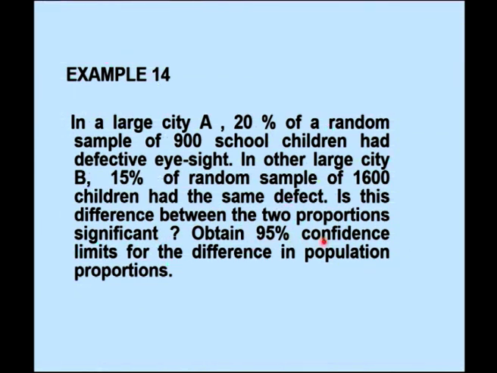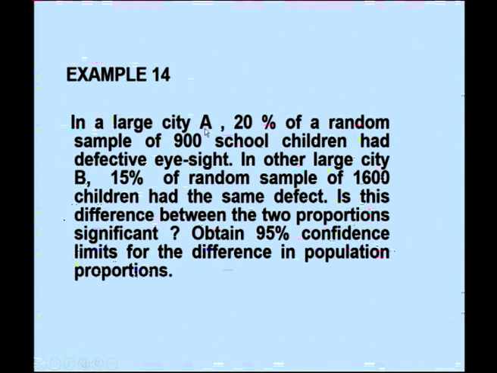Obtain 95% confidence limits for the difference in population proportions. There are two samples being taken: one from city A among the school children having defective eyesight, and another from city B, again children having the same defect.